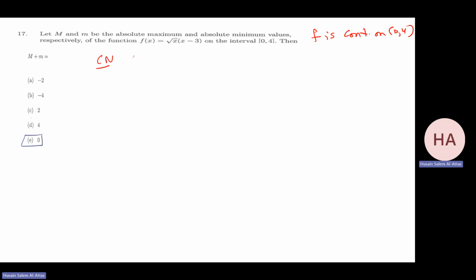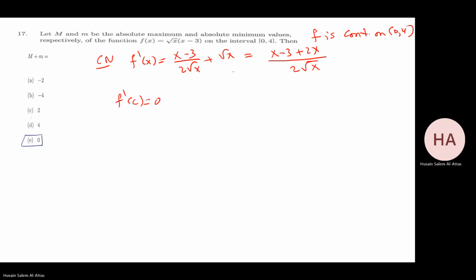Critical numbers. F prime of x will be x minus 3 over 2 root x plus root x. Simplify. That will be x minus 3 plus 2x over 2 root x. So f prime at c equals 0, which is what?